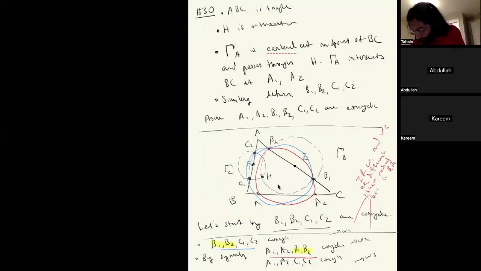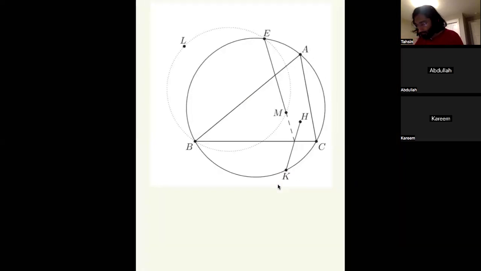Okay, so let's go now to the other problem I wanted to do. This is number 33. Let's see, do I have the problem somewhere? Yeah, it's this one here. So you have triangle ABC.